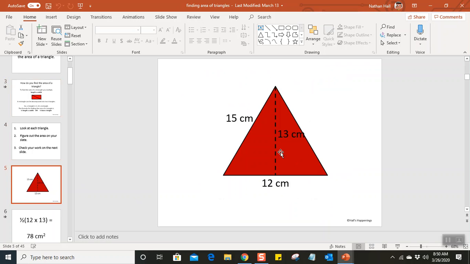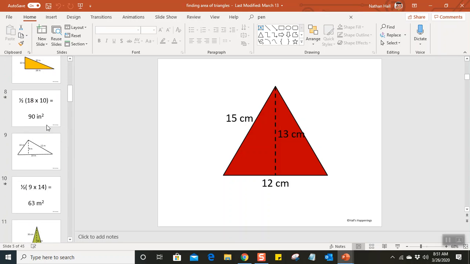So again, this is the exact same as with the parallelograms. Base and height are perpendicular to each other. So we have the 13 and the 12.